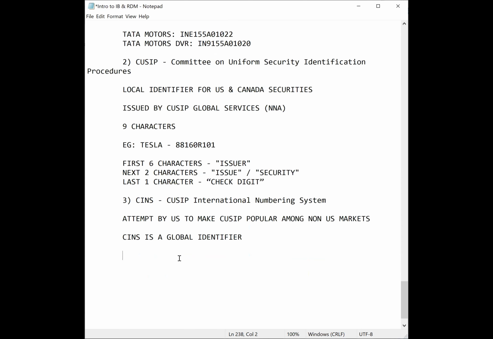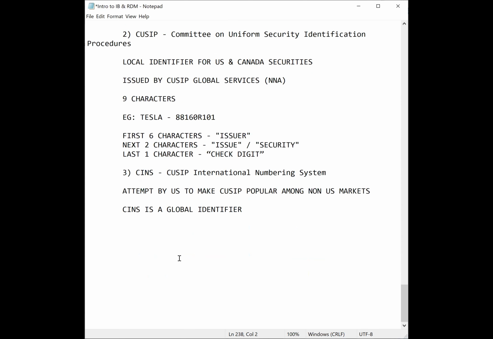Sir, do Indian exchanges provide some securities of the US to trade in India with this identification number? In Indian exchanges, can we trade the international CUSIP security number?